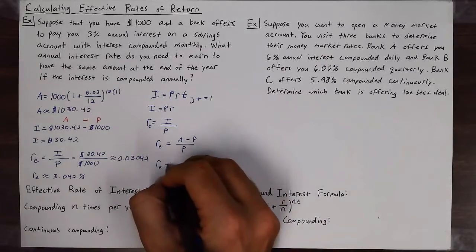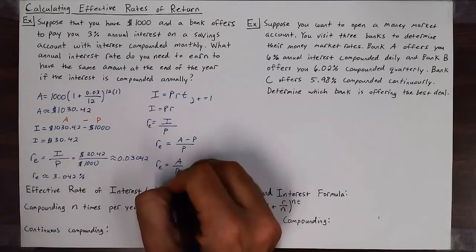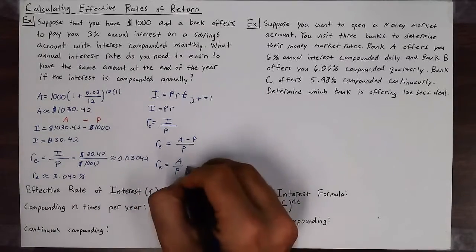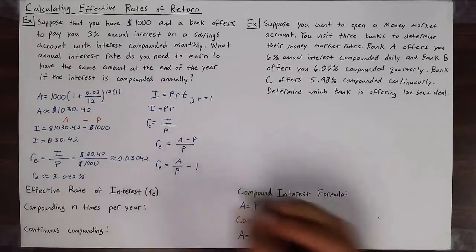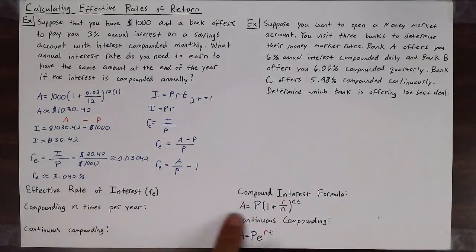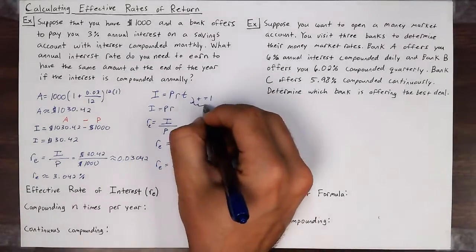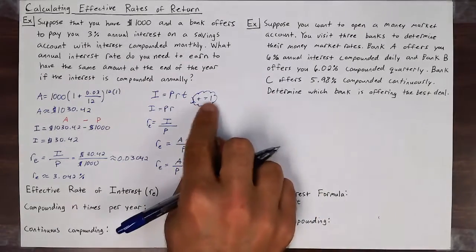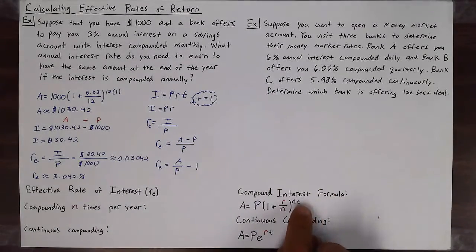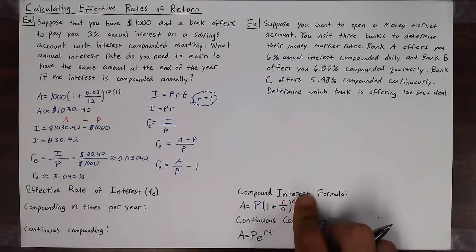So R sub E is equal to A over P, the future over the present, minus P over P, which is 1. So if I wanted to create a formula for this, I would have to divide this formula by P and set T equal to 1. So if I set T equal to 1, it goes away. So it's just to the n power.